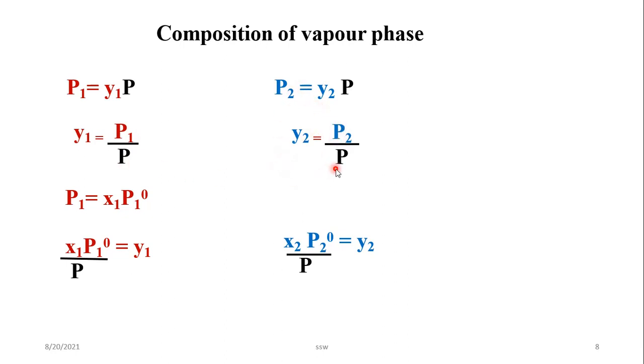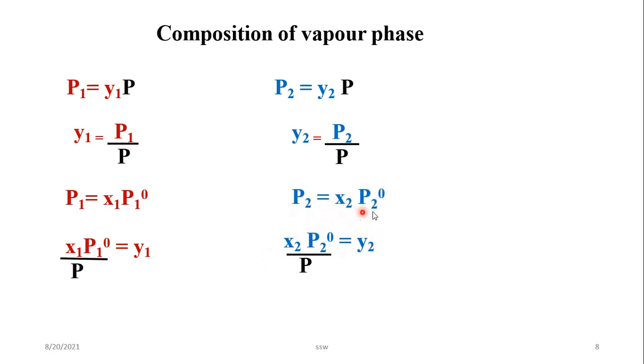पण P1 म्हणजे तुम्हाला माहिती आहे, अकॉर्डिंग टू रॉल्स लॉ P1 is equal to x1 इंटू P1 0. मग ही व्हॅल्यू आपण इकडे सबस्टिट्यूट केली तर x1 इंटू P1 0 डिवायडेड बाय P इज इक्वल टू Y1. इन द सेम वे हियर Y2 इज इक्वल टू, कारण इथे काय येणार?